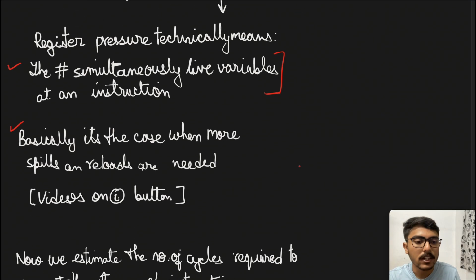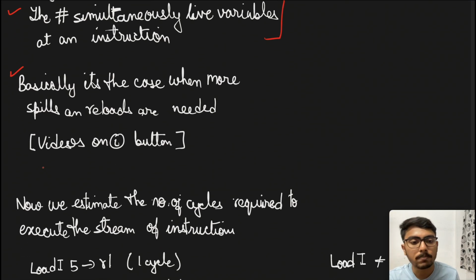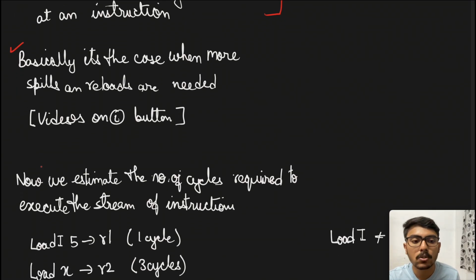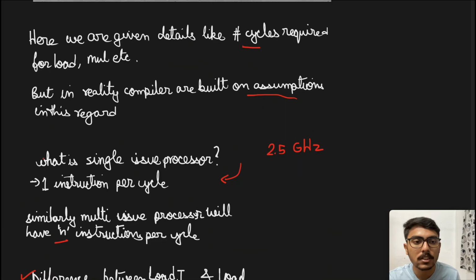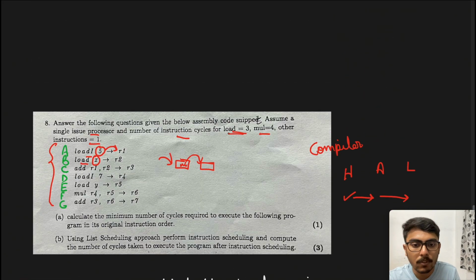Okay, now we come to the next part, which is that we need to estimate the number of cycles required to execute the stream of instructions, right? What we will use in this part is the information given here: load requires 3 cycles, multiply requires 4 cycles, and other instructions require 1 cycle each.